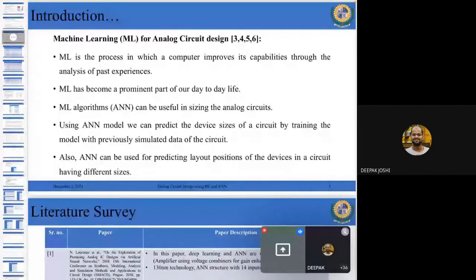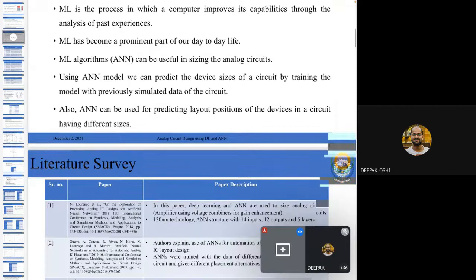It compares with the existing database and then throws out the results. Okay, so there are some papers associated with this analog design.